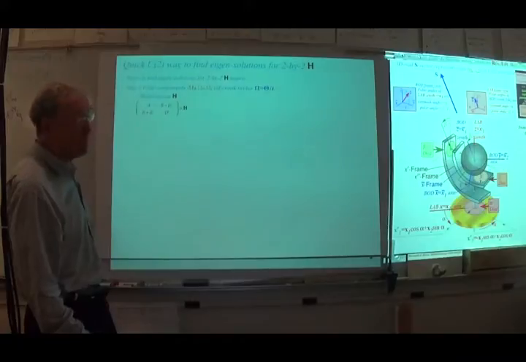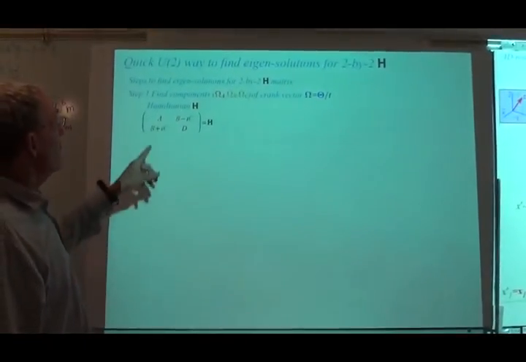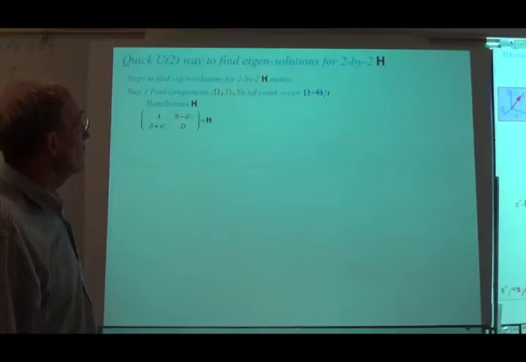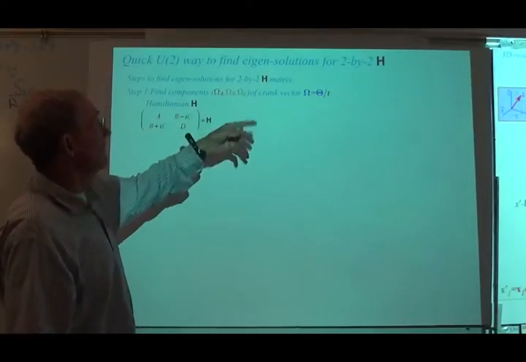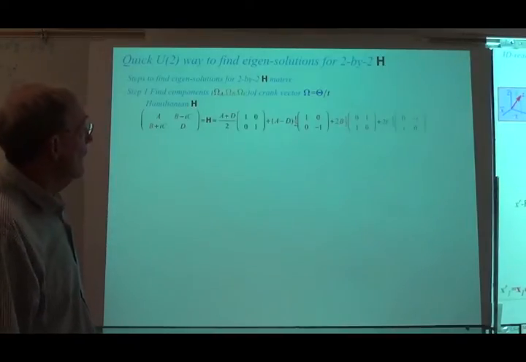Now, here's a very practical thing for algebra. If you've got this matrix, that's the general 4x4 Hamiltonian, how do you find eigensolutions for it? Okay, and step 1 is to find the Crank factor as to turning there.